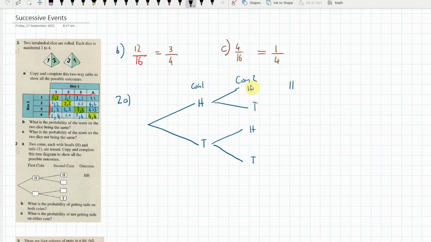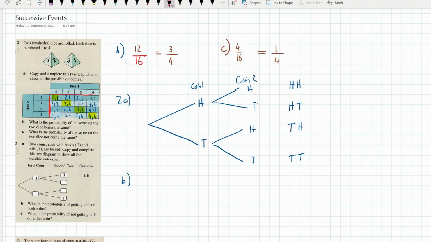You could get a heads and a heads, or you could get a heads with the first coin and a tails with the second coin, or you could get a tails with the first coin and a heads with the second coin, or you could get a tails with the first coin and also a tails with the second coin. So those are your different options. Now B, what's the probability of getting tails on both coins?